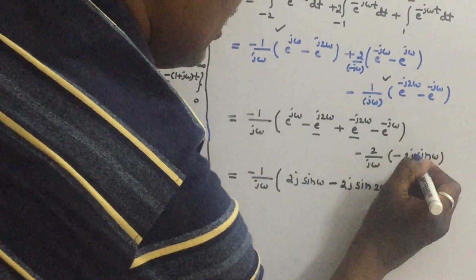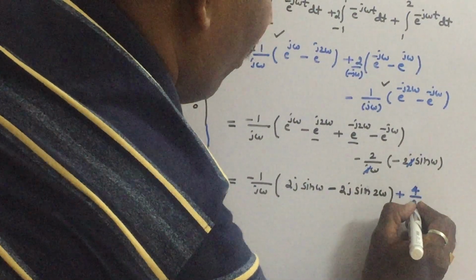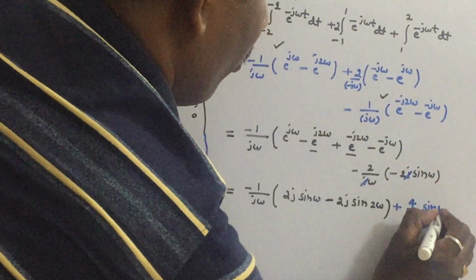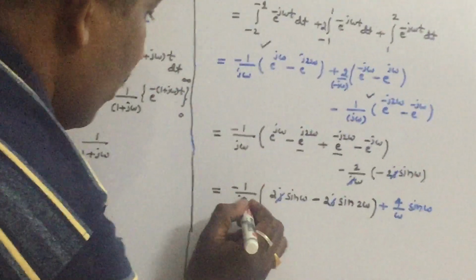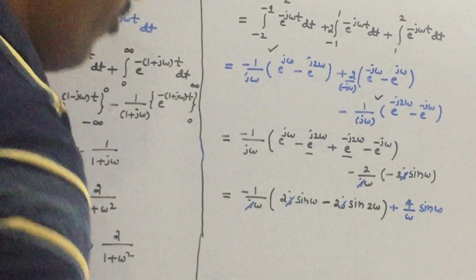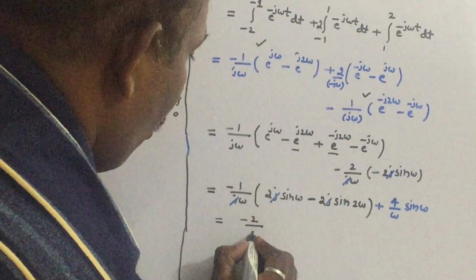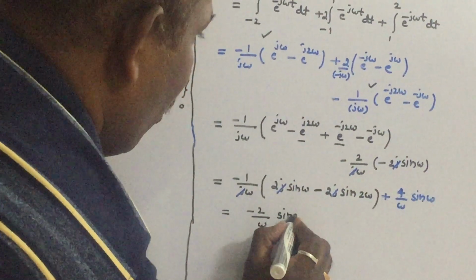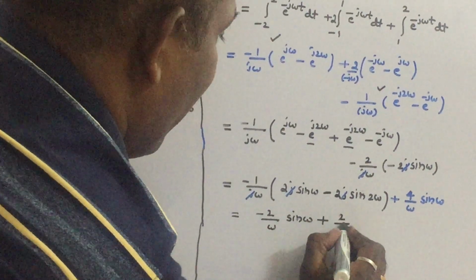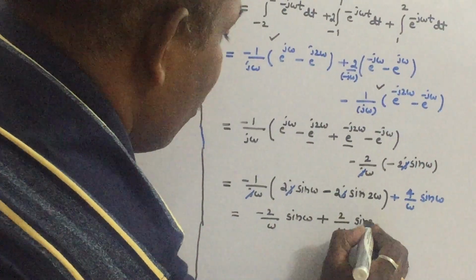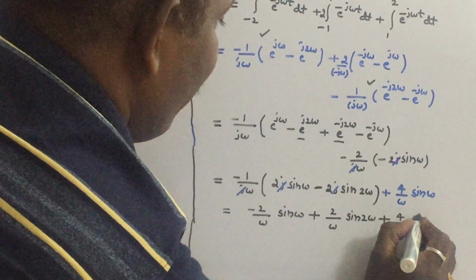Minus into minus will become plus. It will become 4 by omega sin omega. So you cancel out j. If you multiply, it will become minus 2 by omega sin omega, and minus into minus becomes plus 2 by omega sin 2 omega, plus 4 by omega sin omega.